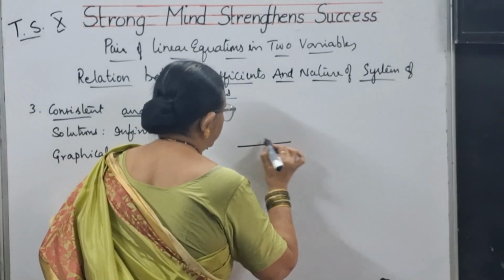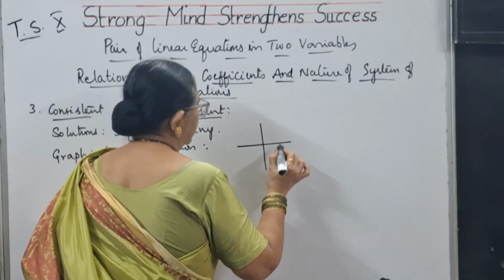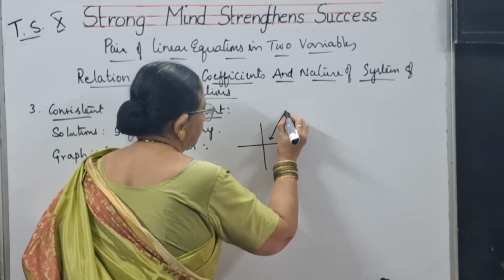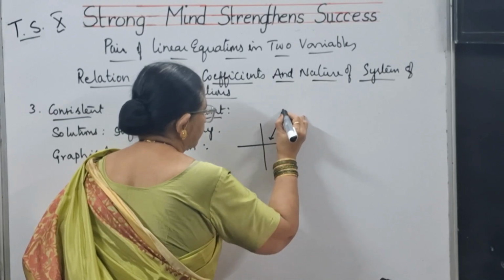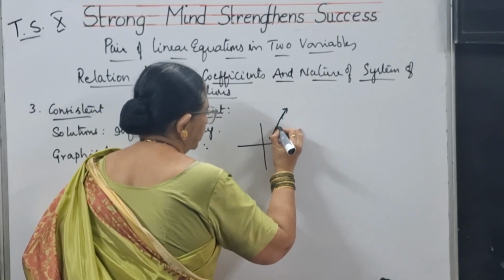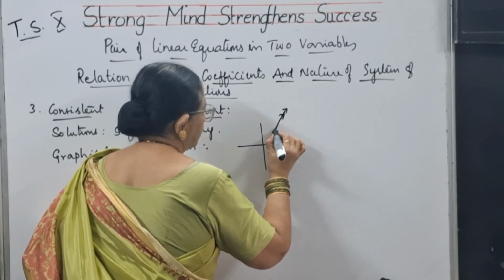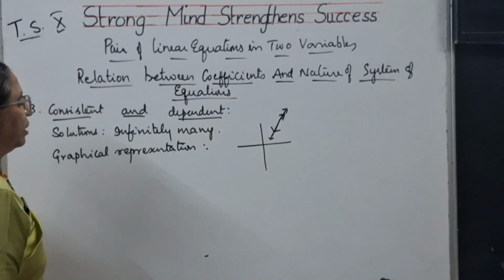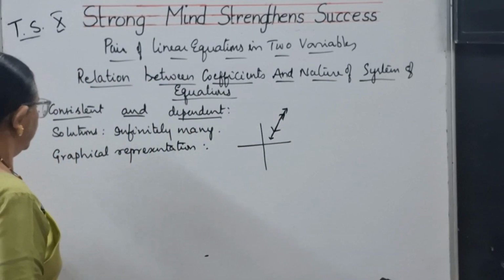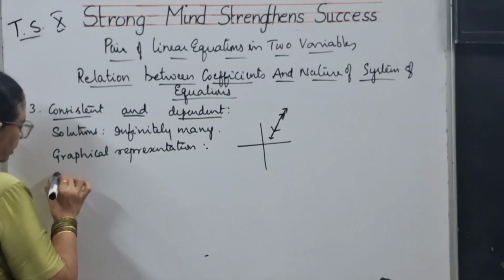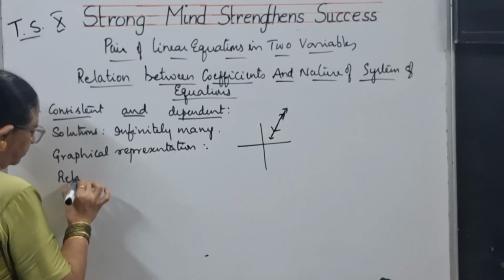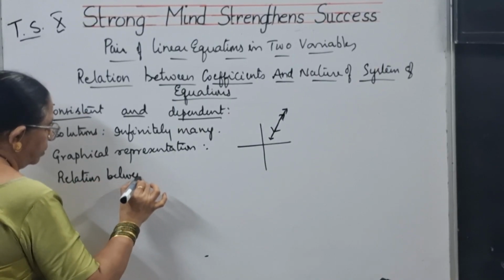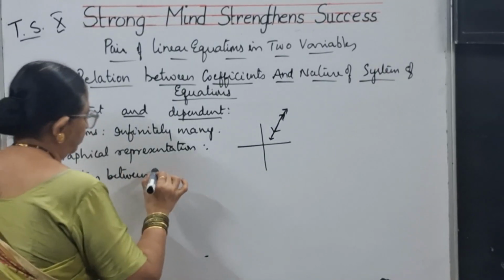If you have x and y axis, the two straight lines will be one upon the other. So both the lines are like this. That means they are coincident lines. Now what is the relation between the coefficients?